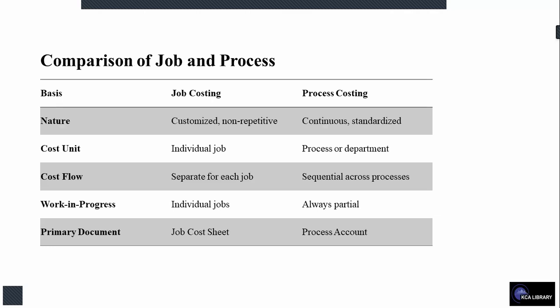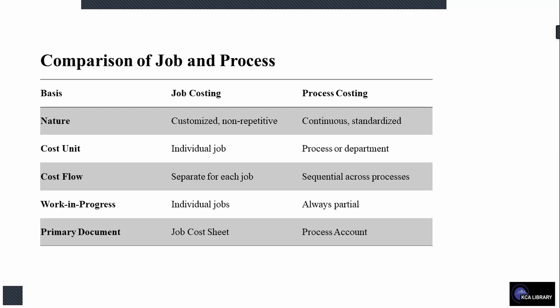Let's compare job and process costing, which is the last aspect of the module. Looking at nature, job costing is customized and non-repetitive, while process costing is continuous and standardized. As per cost unit, job costing is for individual jobs, while process costing is for processes or departments.